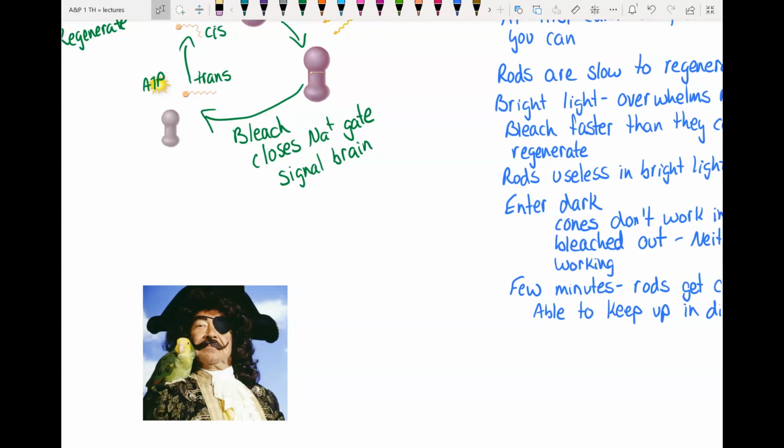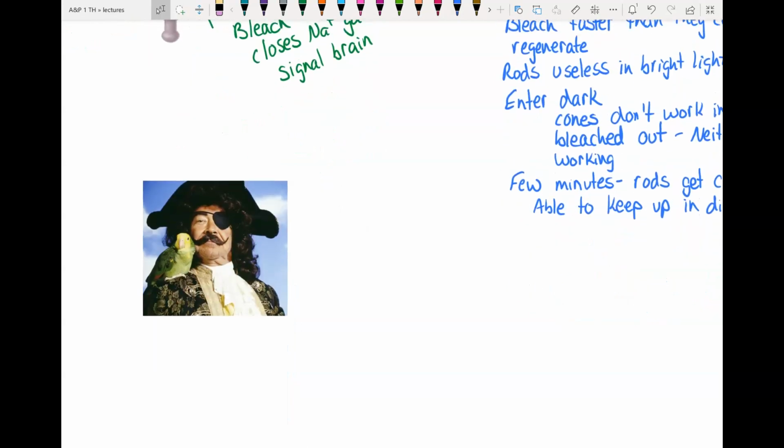Okay, so now think about pirates. They have an eye patch, right? Everybody thinks they have an eye patch because they lost an eye in a sword fight. That's not the case. The purpose of the eye patch is for dark adaptation. When you are above deck, it's very bright and sunny.